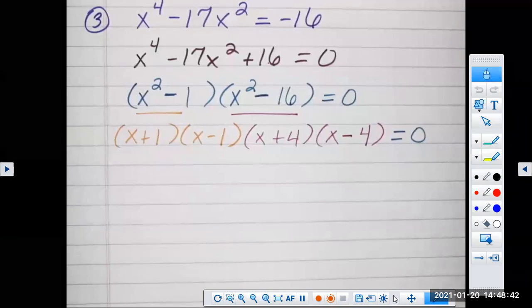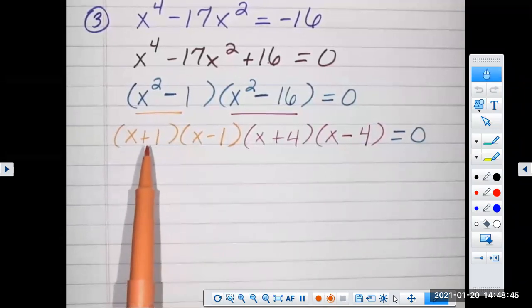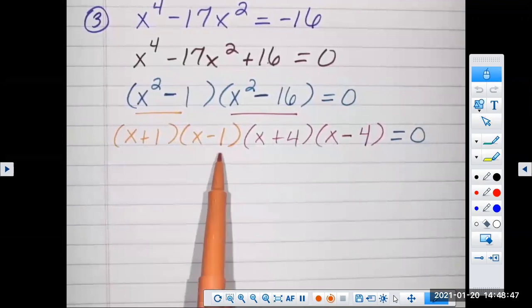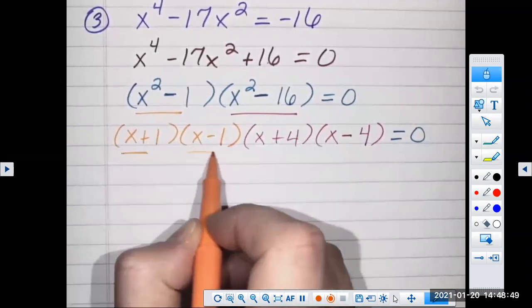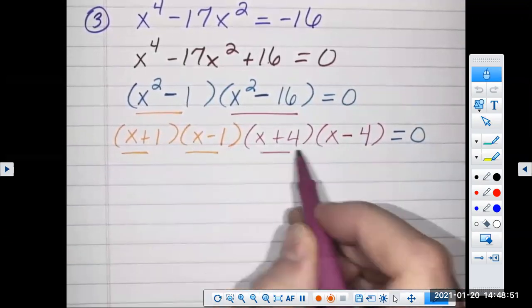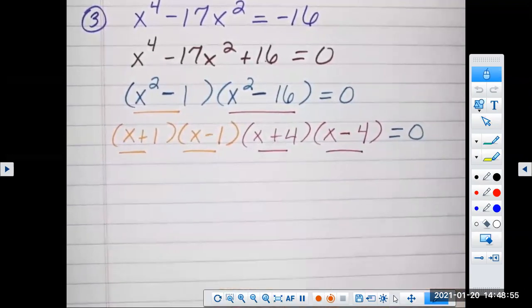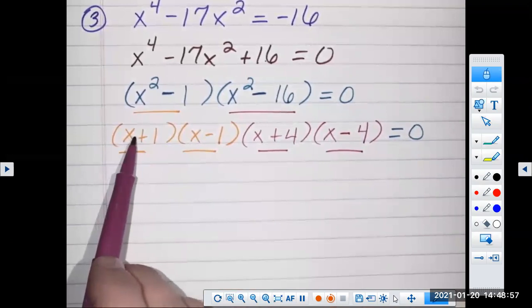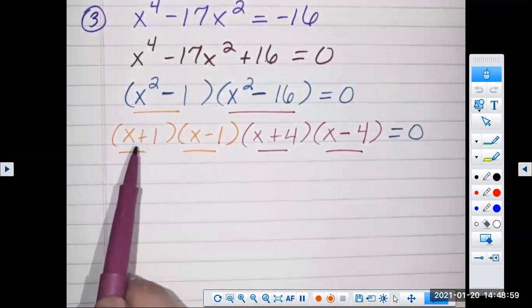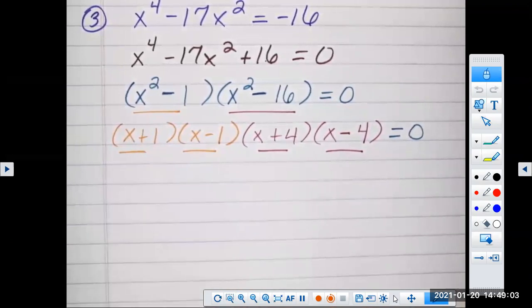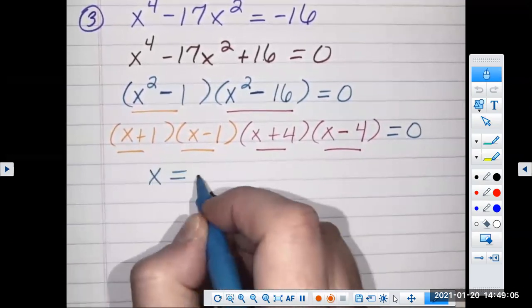Okay, now you can just use mental math and go through each factor. You've got this factor, this one, and this one, and this one. So you should have 4 answers. Go through each and use mental math to tell me what value of x would make this 0. Like what would make this 0? -1. So x equals -1.